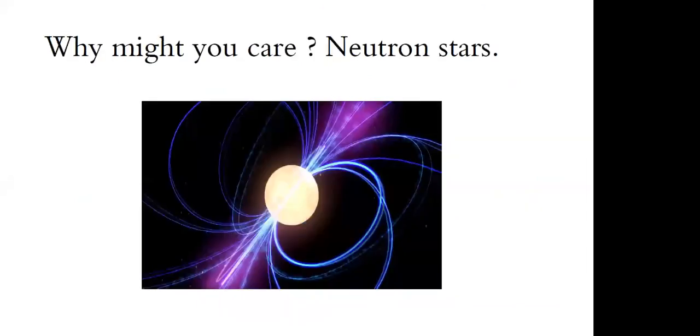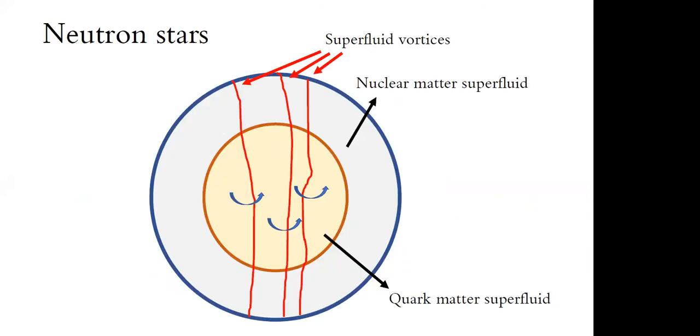One might imagine that you have superfluid nuclear matter in the outer core, and in the inner core you have superfluid quark matter. Let's say your star is rotating around some z-axis, which goes upwards on the board. You could imagine having superfluid vortices that carry on from one side, go through nuclear matter, then through quark matter, then come out the other side in nuclear matter.